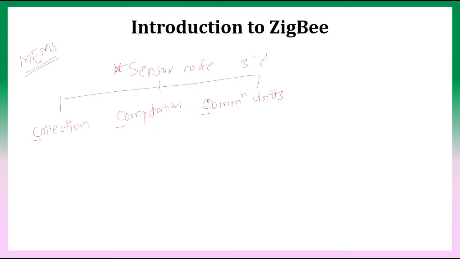The collection unit has a series of sensors. The computation unit contains a microprocessor or controller and a memory. Finally, the communication unit contains a transceiver to transmit and receive data, and there are different families of transceivers.